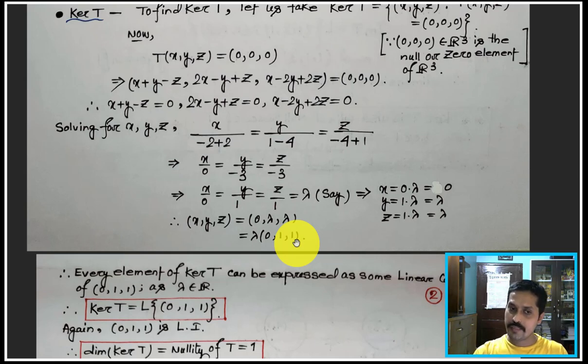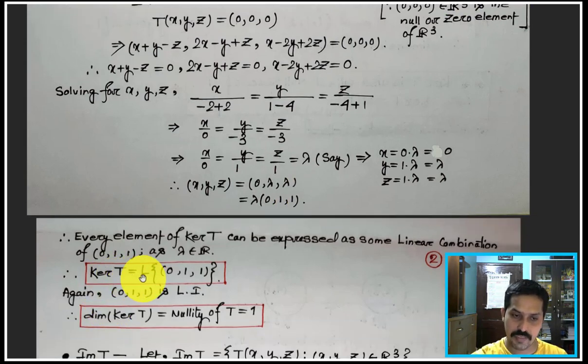So in other words, all the elements of ker T can be generated with the help of (0, 1, 1). Therefore, we can write ker T equals the linear span of (0, 1, 1).